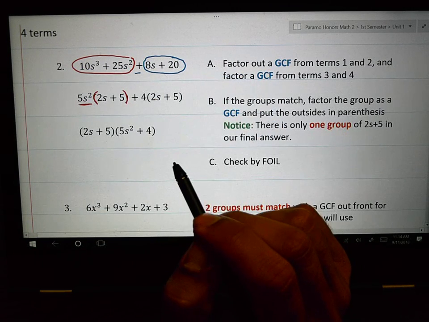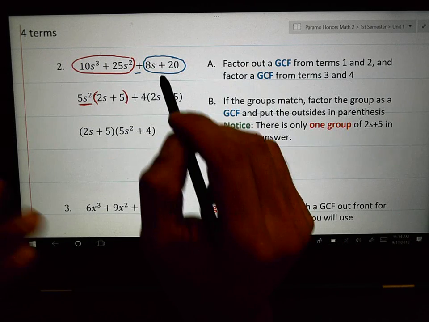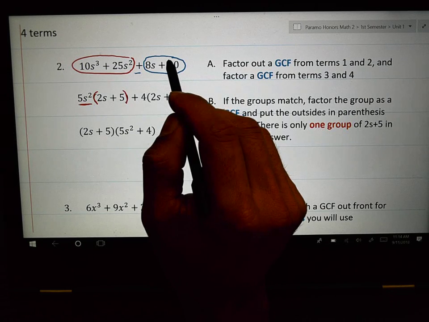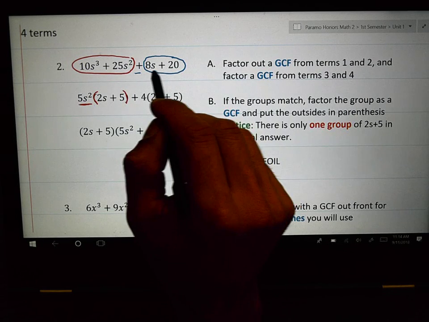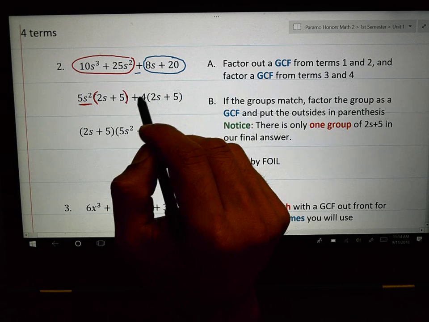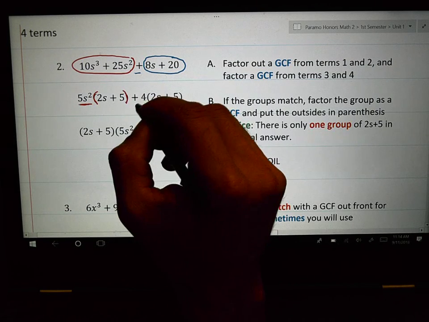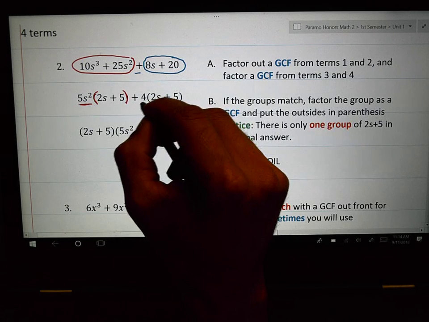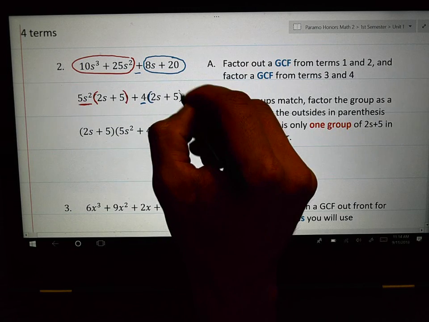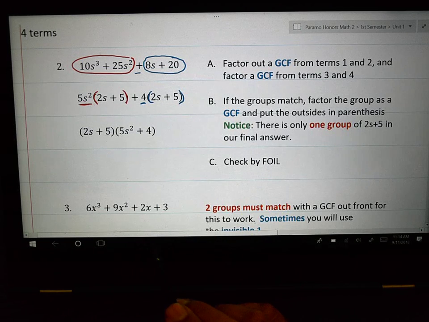Circling it in blue. And we're adding this blue group to the red group. It's still addition. And when we pull out the GCF of these 2 terms, that is still being added to the red group, which is why there's a plus sign there. I'm going to look, and the GCF of 8s plus 20 is a 4, and 4 times 2s is 8s, and 4 times the 5 is 20.